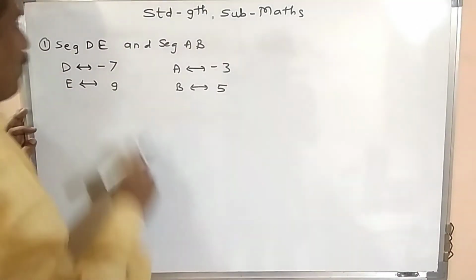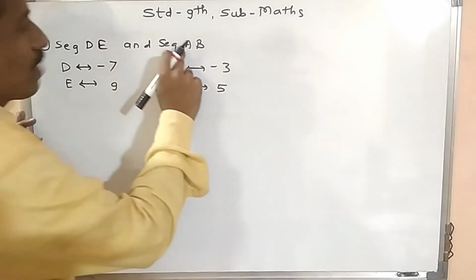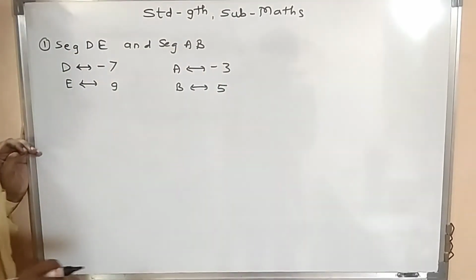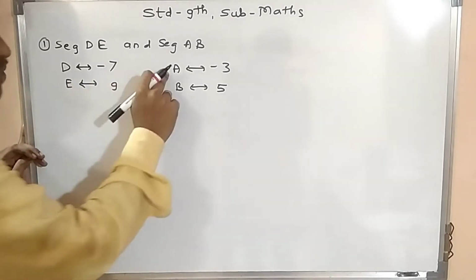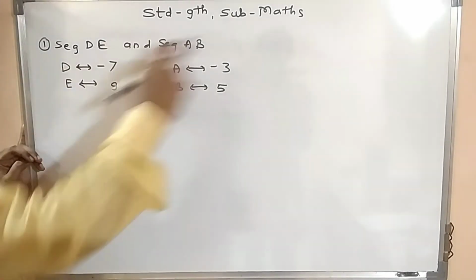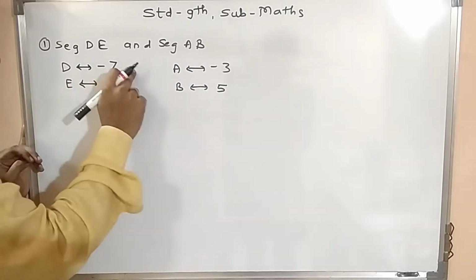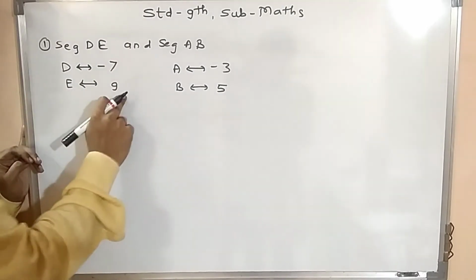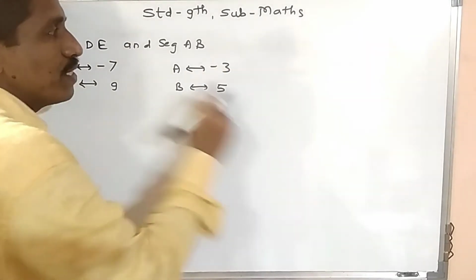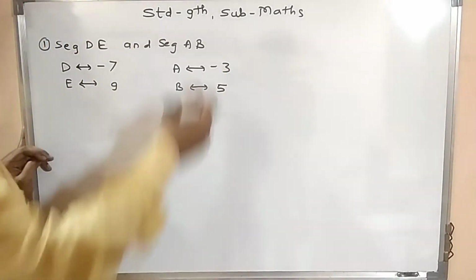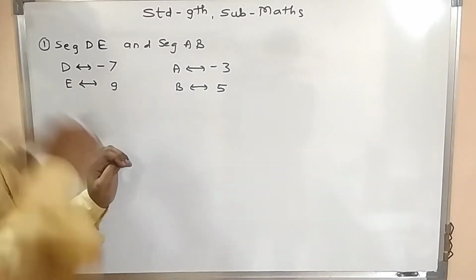We have to decide whether segment DE and segment AB are congruent or not. We are given the coordinates of point D, point E, point A and point B from the table. The coordinate of point D is -7, of point E is 9, of point A is -3 and of point B is 5. Two segments are congruent if their lengths are equal.